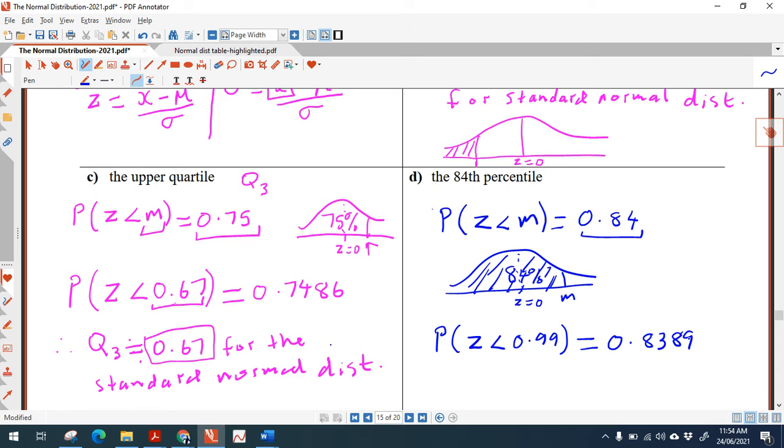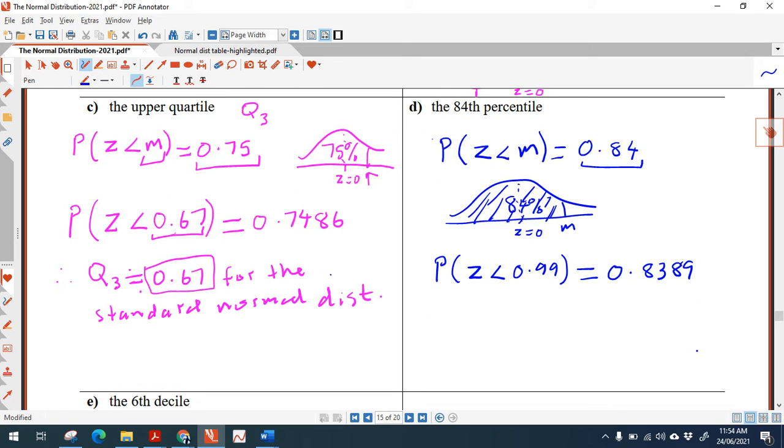Okay, so that means we can write our answer as follows: the 84th percentile, I'm going to put down, is approximately, because it's not exactly 0.84, is it, approximately 0.99.